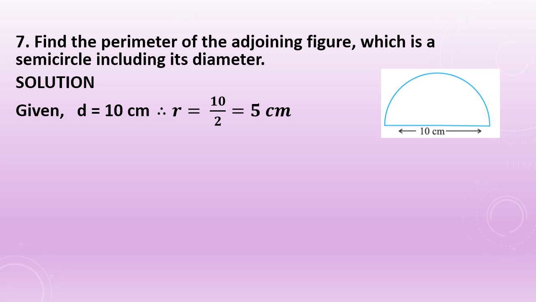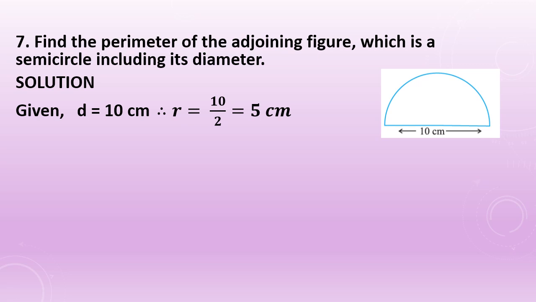Why do we have to find the radius here? Because we have to find the perimeter of a semicircle, that means the circumference of a semicircle. We know the circumference of a circle when radius r is given is 2 pi r.